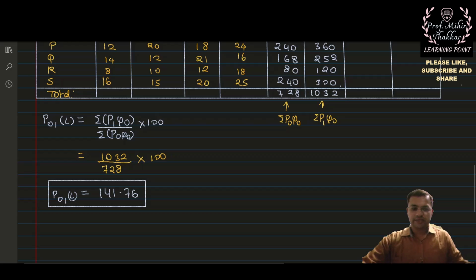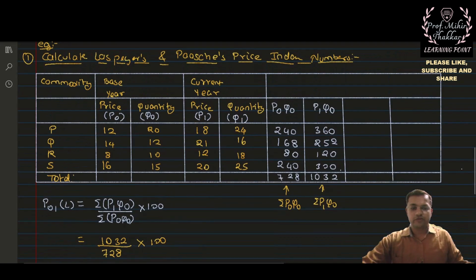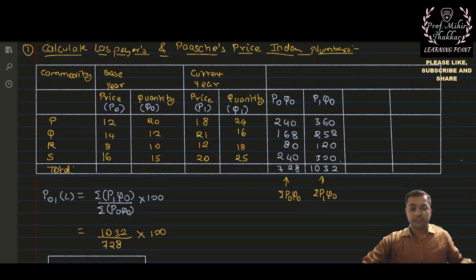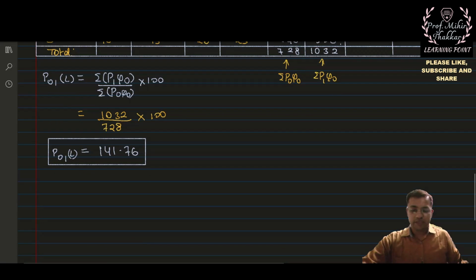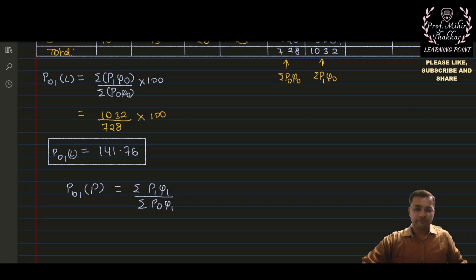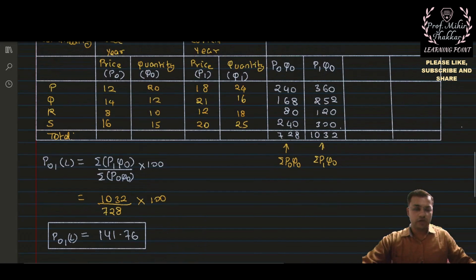Now guys, the next thing that we want is the calculation for the purchase index number. So if you remember your purchase index number, I'll give you the formula. It is P01P. We have to consider the weights as the current year's quantities. So it is summation of P1 into Q1 in the numerator, summation of P0 into Q1 in the denominator. So I will make a column for P0 Q1 and P1 Q1.